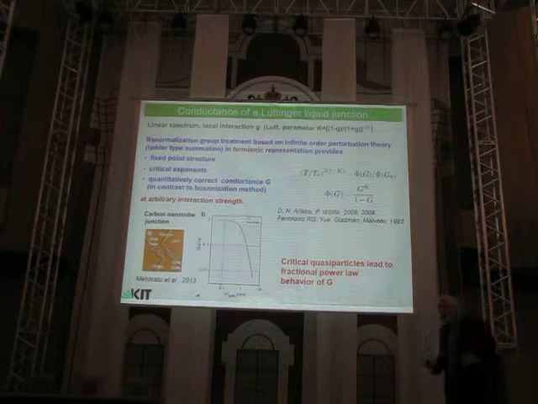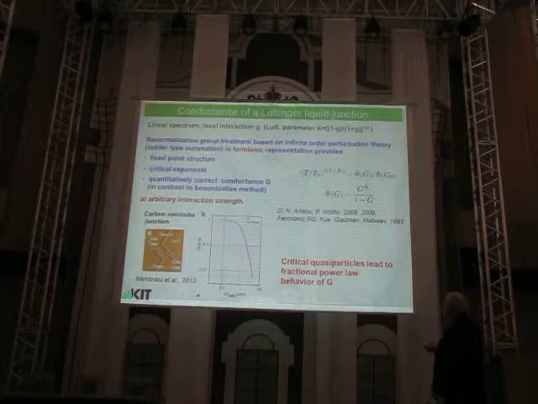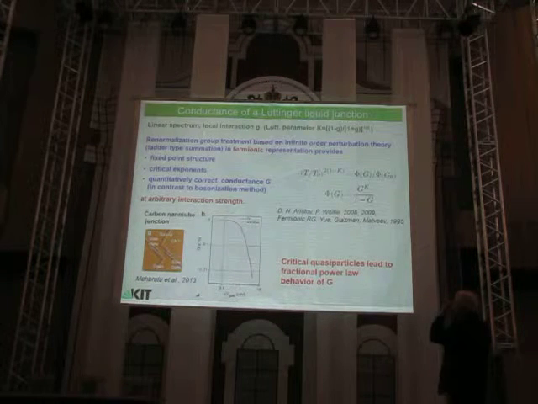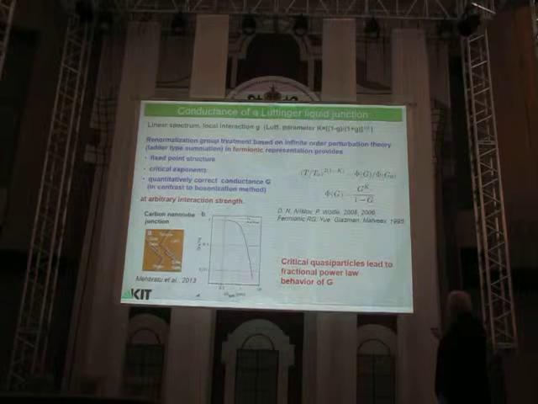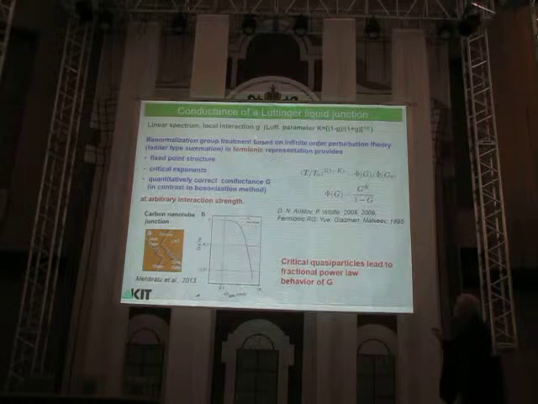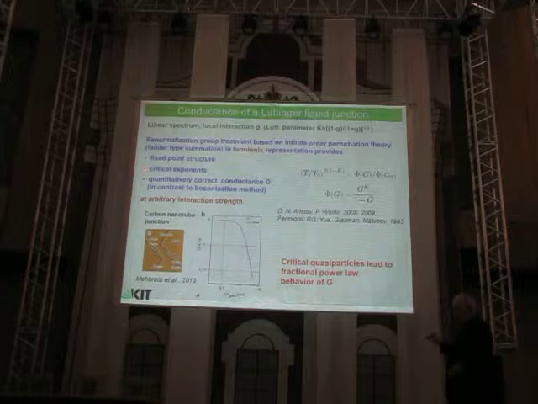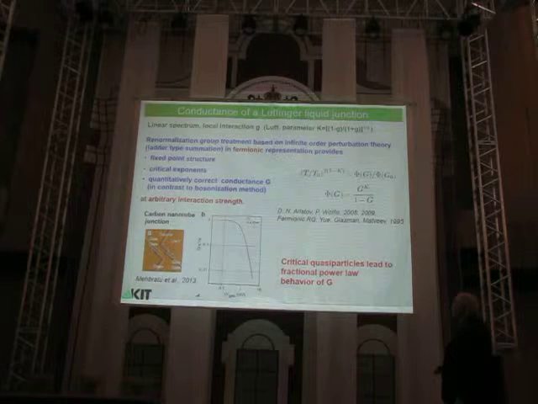So what we did was to use a renormalization group treatment for fermions only, which is based on an infinite order perturbation theory. And so far, the results of this theory produce known fixed point structures and new fixed point structures, critical exponents, and quantitatively correct conductance, as I said, in contrast to the bosonization method.